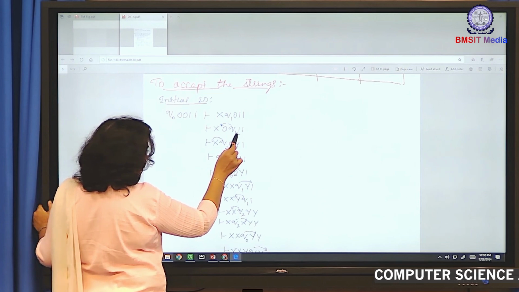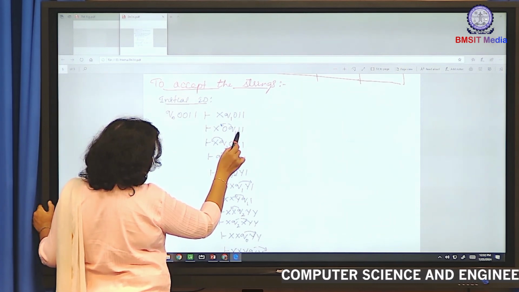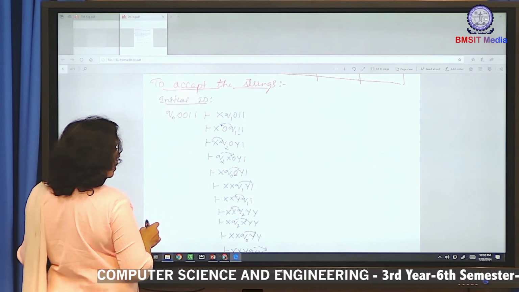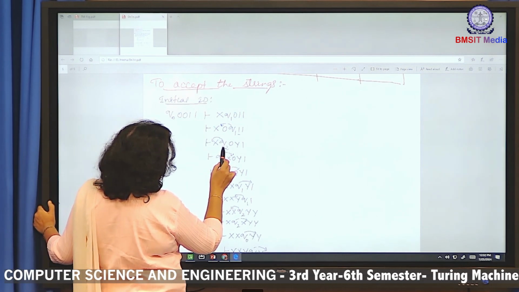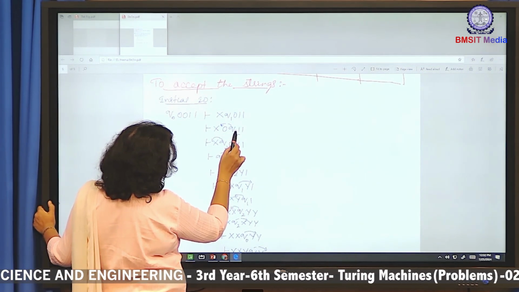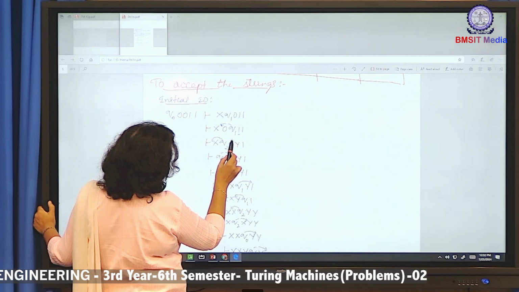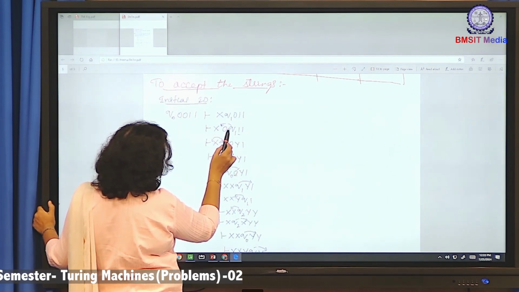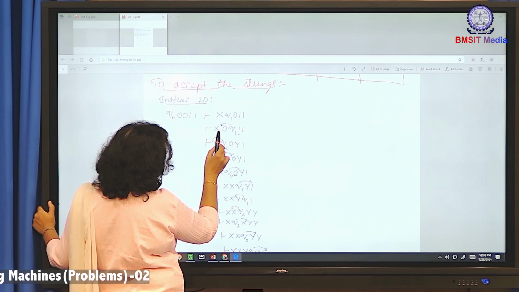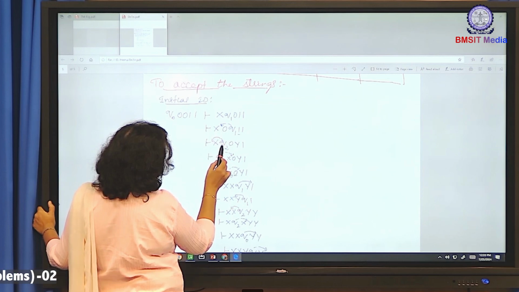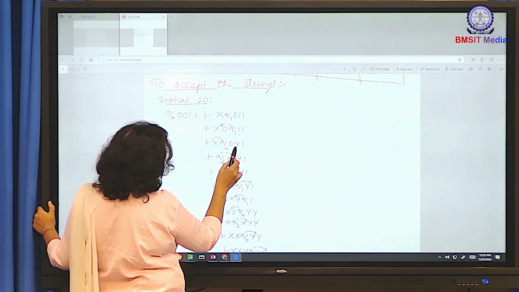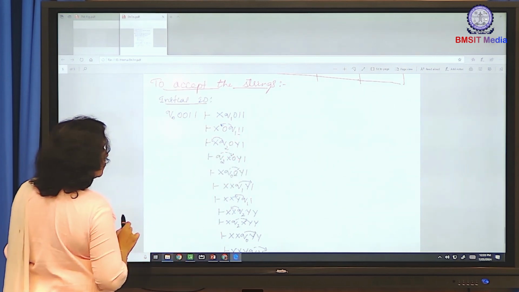So when I see a 1, I should replace it by Y, then come back. So change the state to Q2. This 1 becomes Y, and the head comes back: X, Q2, 0, Y, 1.